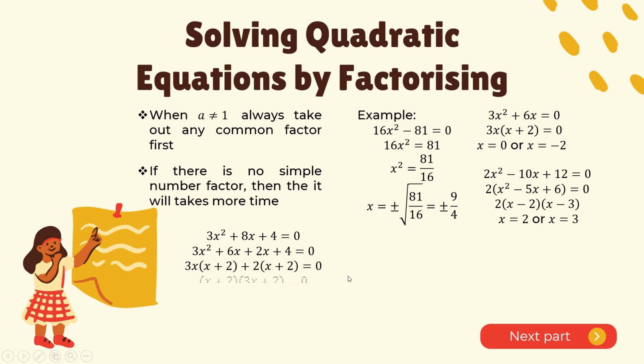So we take out x plus 2, and we get x plus 2 times 3x plus 2. The 3x comes from this, and the plus 2 comes from this. So the solution to this equation is x equals negative 2 or x equals negative 2 over 3.